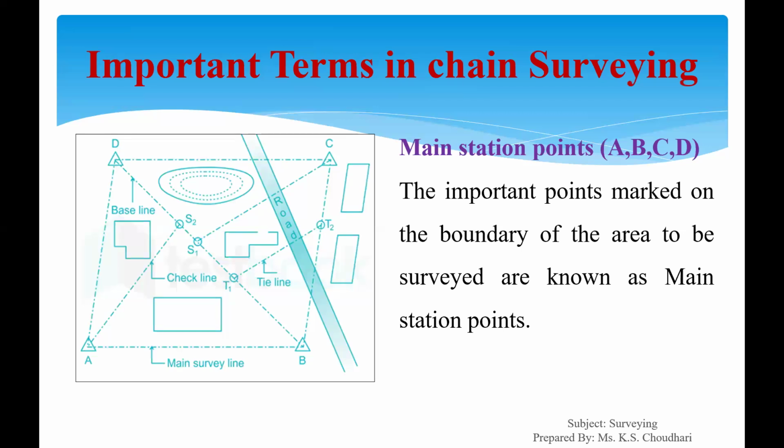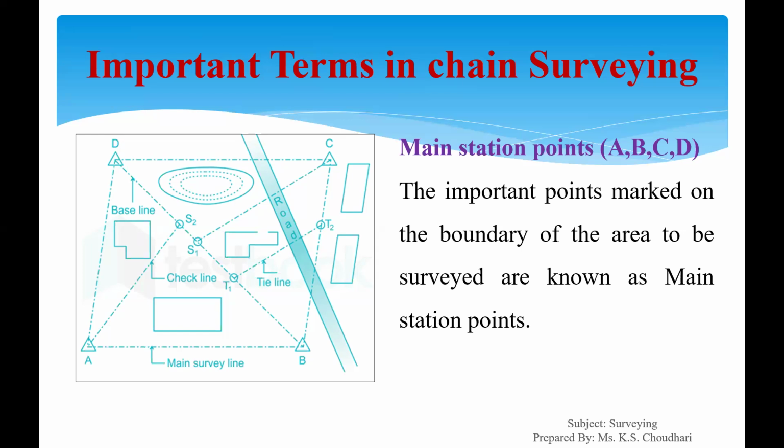Now, the important terms in chain survey. Observe the diagram carefully and try to understand what I am saying. Main station points A, B, C, D. Now, what is main station point?